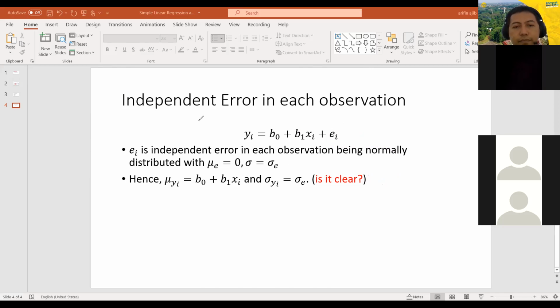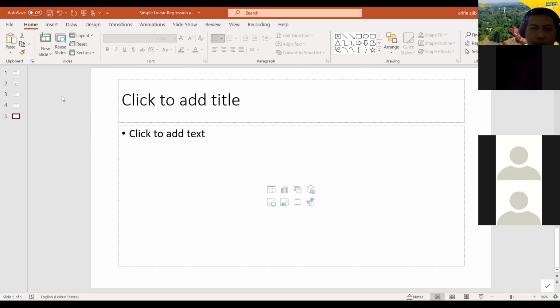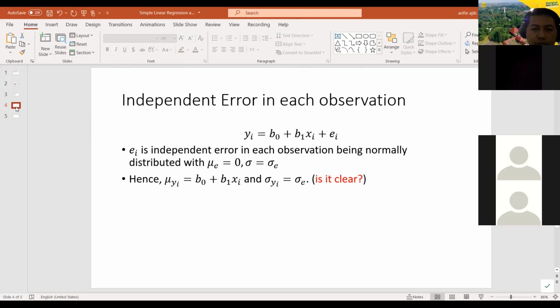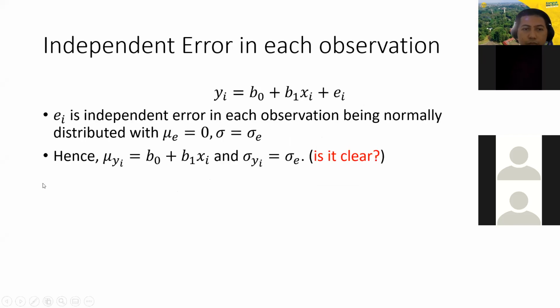Any questions? No questions? If no questions, so we want to inspect that variable B0 and B1 is random variable.